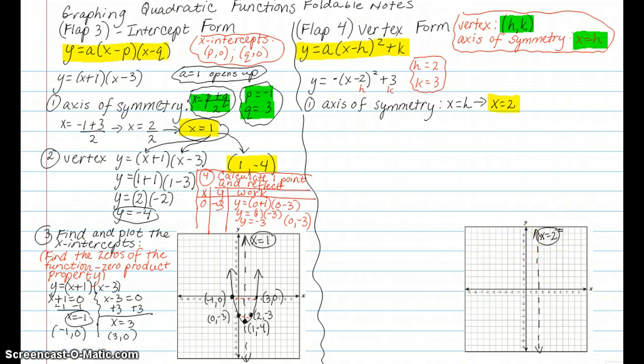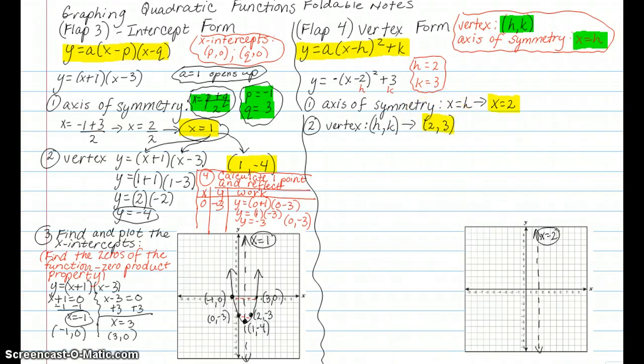All right, now we move on to the second step, which almost always is the vertex. Sometimes people do the vertex before the axis of symmetry, but that's fine, we don't need to. So the vertex, we know from up here is hk. So it's h comma k. And we know that h is 2 and that k is 3, so it's 2, 3.